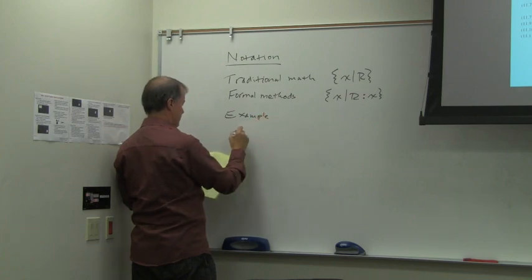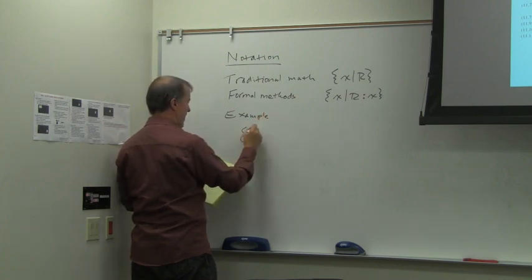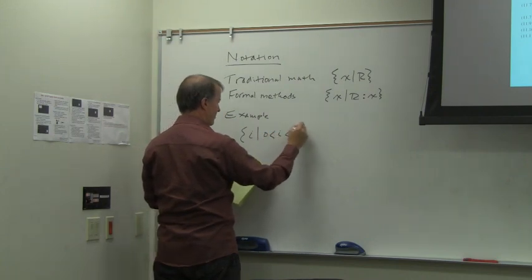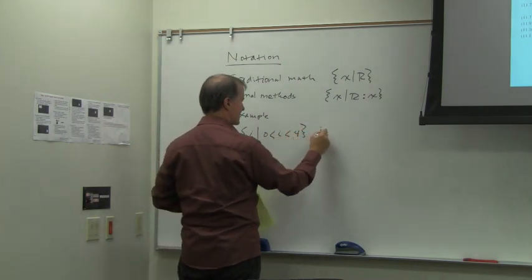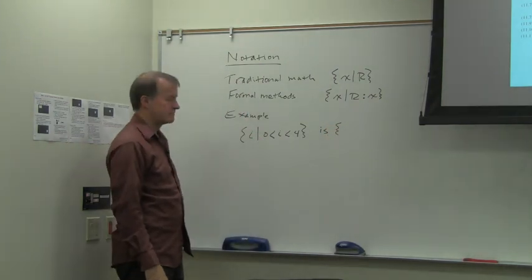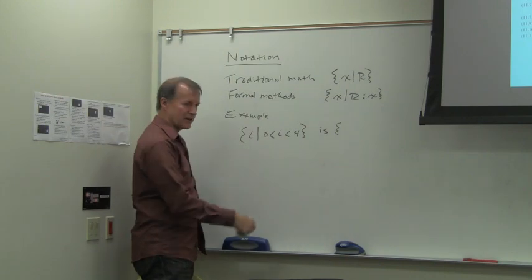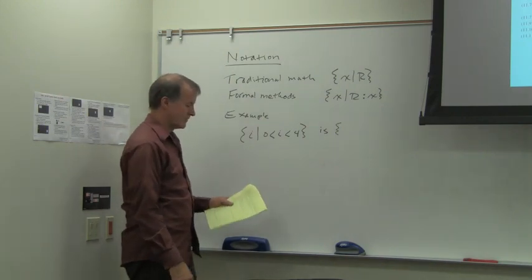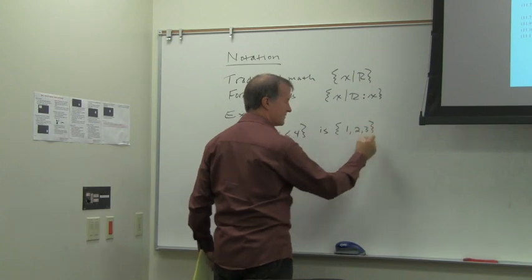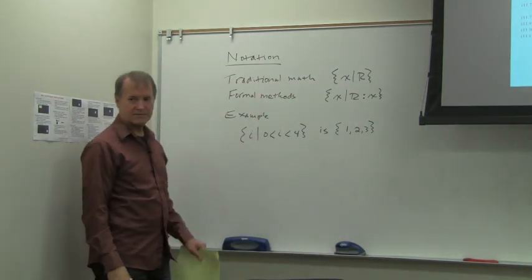And here's an example. Tell me, what is this? The set over I, range 0 less than I less than 4. What is that set if you were to enumerate it all out? 1, 2, 3. Yeah, the set 1, 2, and 3. Are we good?